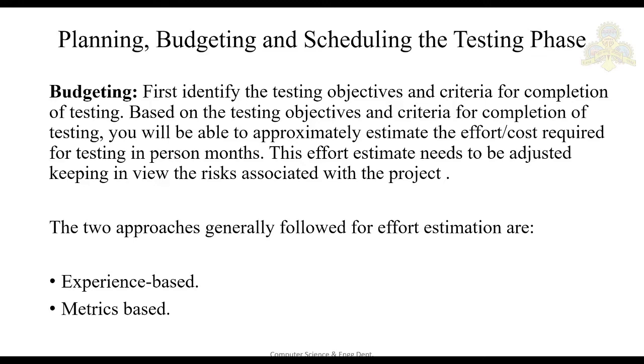Based on these, you will be able to approximately estimate the effort or cost needed for your testing phase in person-months, like how many testers you need and how many months you need to complete the testing process.